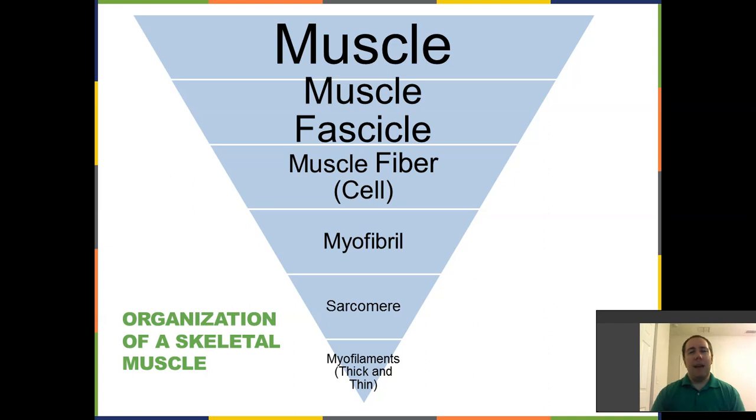If you take that muscle and you cut it and look at it, we're going to see that inside of that are going to be bundles of cells. Those cells are technically called muscle fibers. I have no idea why someone decided that they were going to call cells fibers.